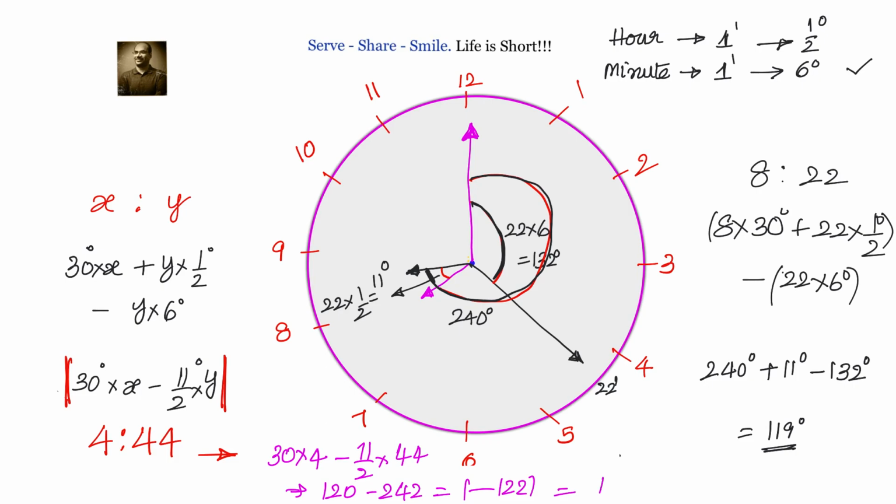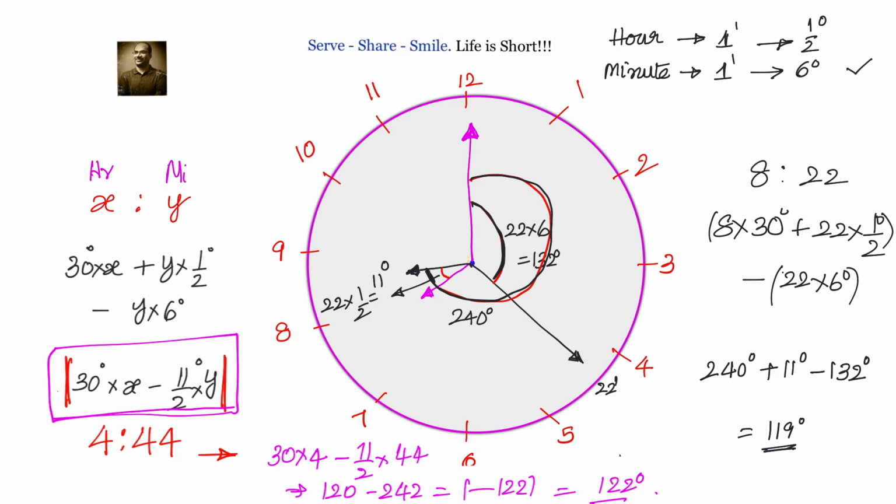But since we have the absolute value, that equals 122 degrees. So we generalized a formula. The formula is 30 into whatever the hours are, minus 11 by 2 into whatever the minutes are. So 30x minus 11 by 2 into y will give you the answer for any problem where you have to find the angle between the hour and minute hand.